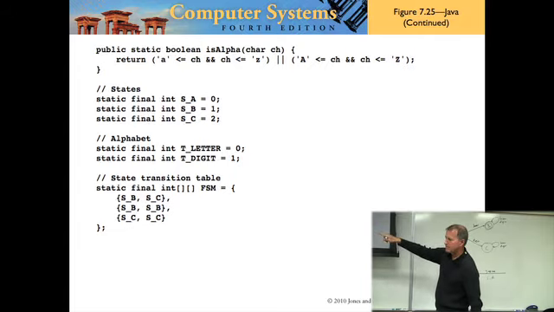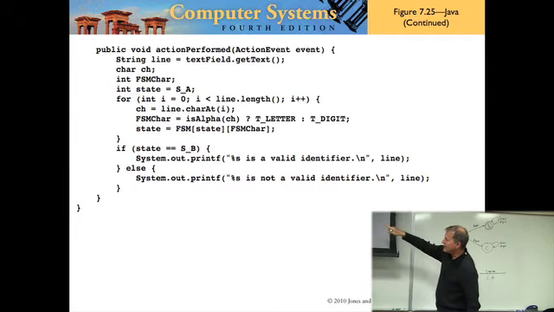Are you with me? And so it looks up on this table. In fact, that line right there, state gets FSM sub state sub FSM char, that is the table lookup.